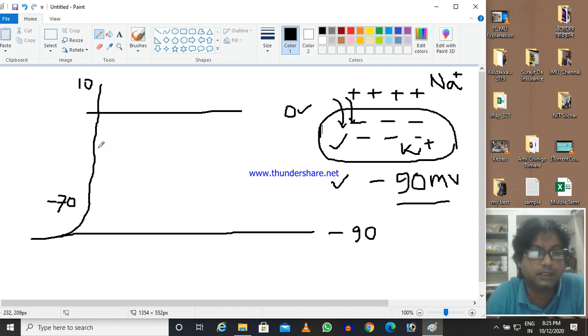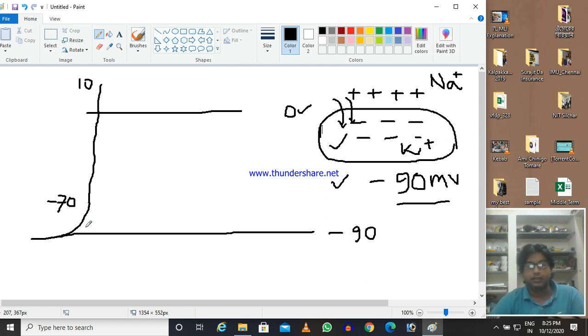This process is called depolarization of the cardiac myocytes. It is depolarization because the cell is initially in the normal condition, the cell is polarized.